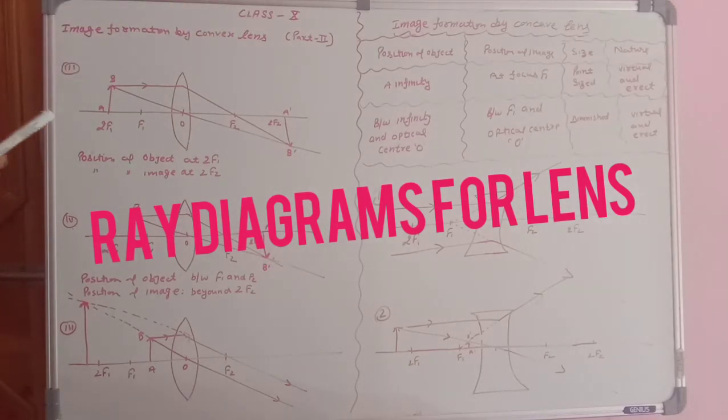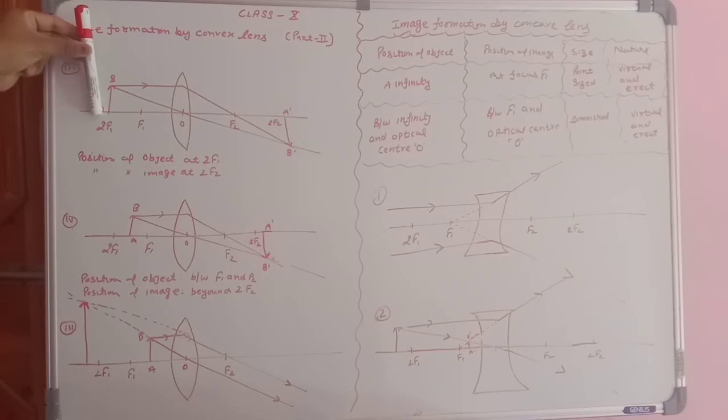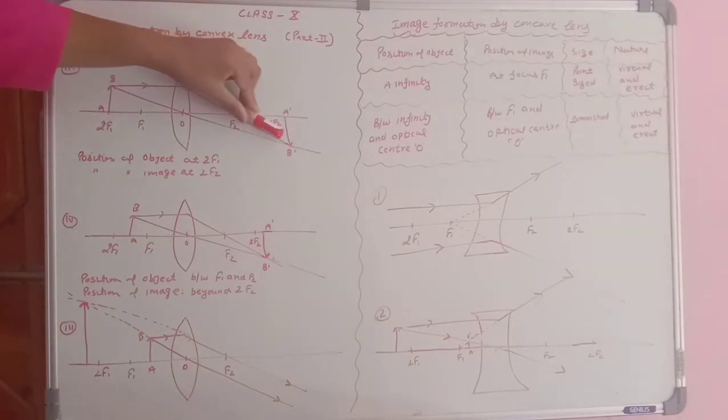Students, here you can see I have taken one convex lens, f1 to f1, f2 to f2, and in your third ray diagram you can go back to your table. The object is placed at 2f1 and image is formed at 2f2. You can see here my object is situated at point 2f1. First ray is going parallel and it will pass through focus.